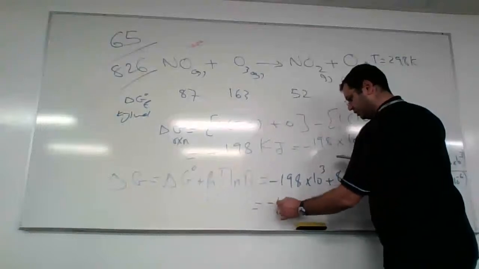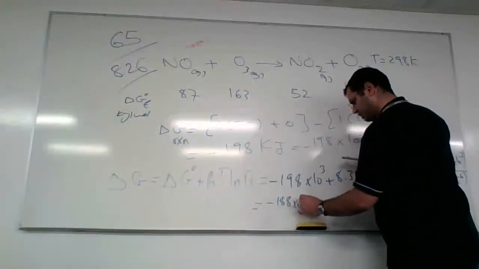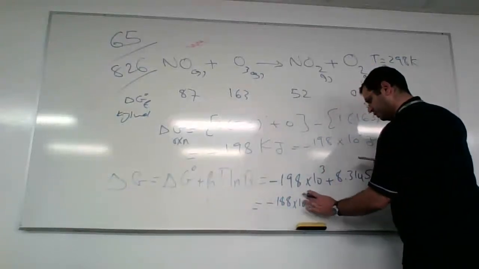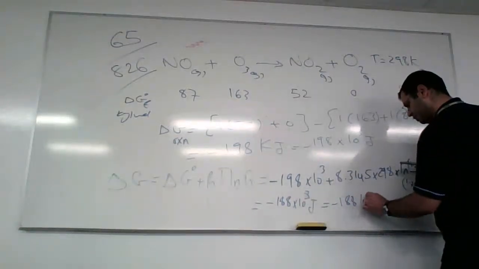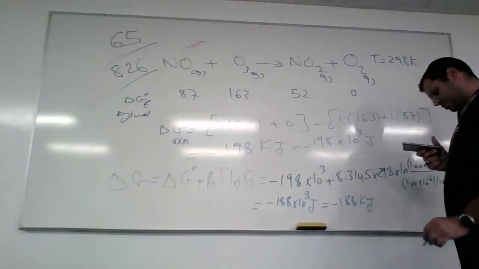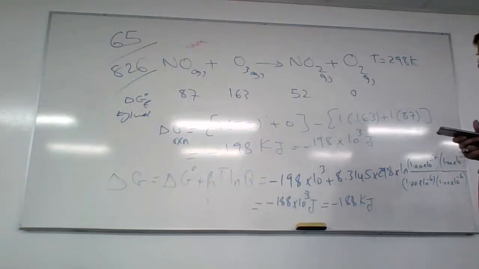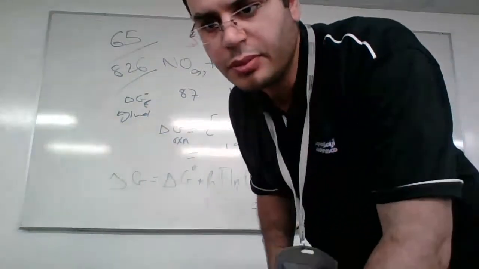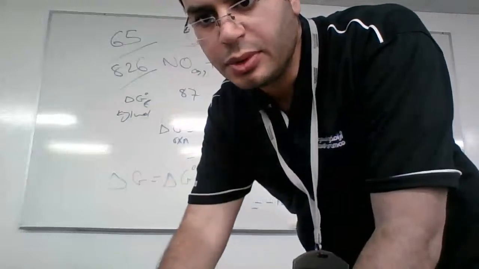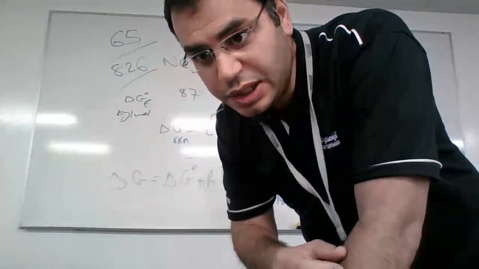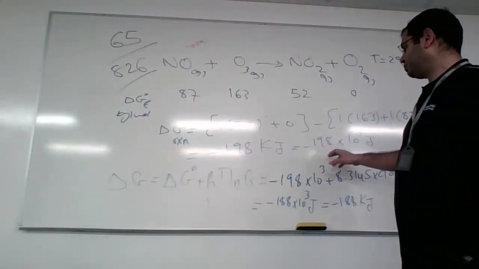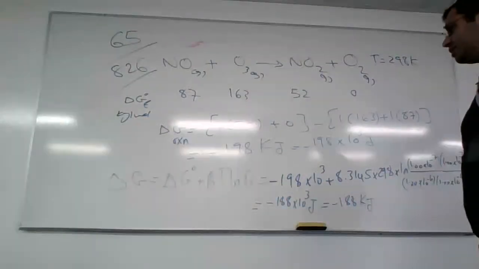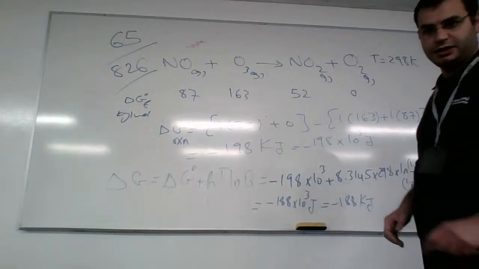It's going to be minus 188 times 10 to the power 3 joules. It's equal to minus 188 kilojoules. Yes, we calculated delta G naught. It's minus 198 times 10 to the power 3.